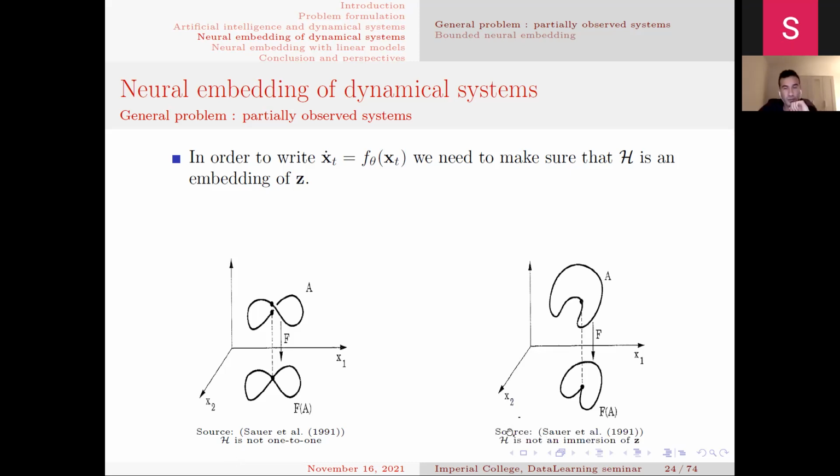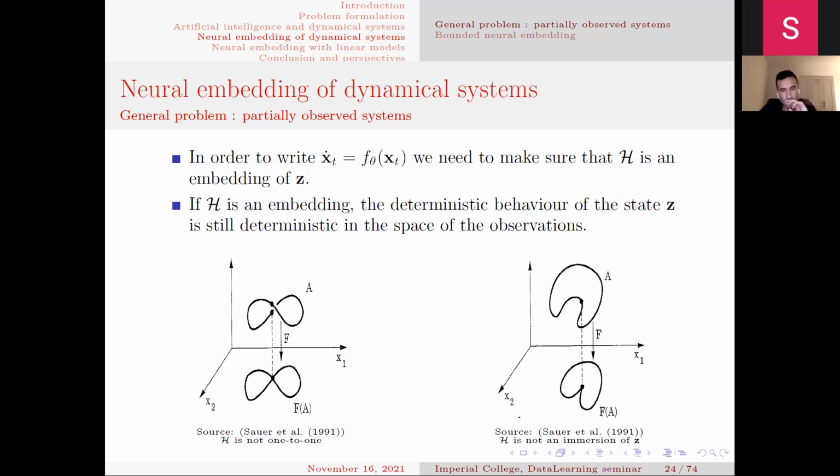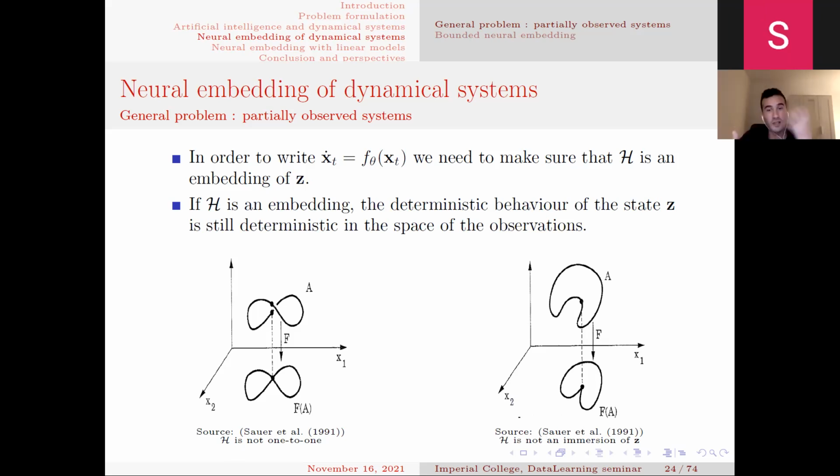And this observation model also needs to be an immersion, so the projection from the high dimensional space to the space of the observations actually preserves the tangent directions. And why do we care about this observation model being an embedding? It is simply to make sure that the deterministic behavior of the hidden state Z is still deterministic, which means predictable, in the space of the observations.